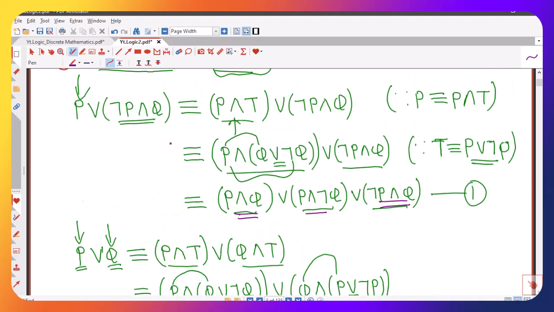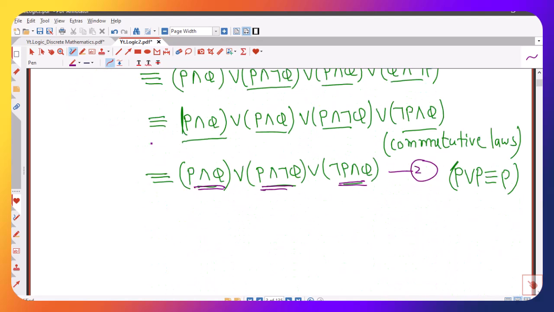So we can see from 1 and 2, this is logically equivalent to this, and this one is also logically equivalent to P or Q. Therefore these two are logically equivalent because they have the same principal disjunctive normal form.